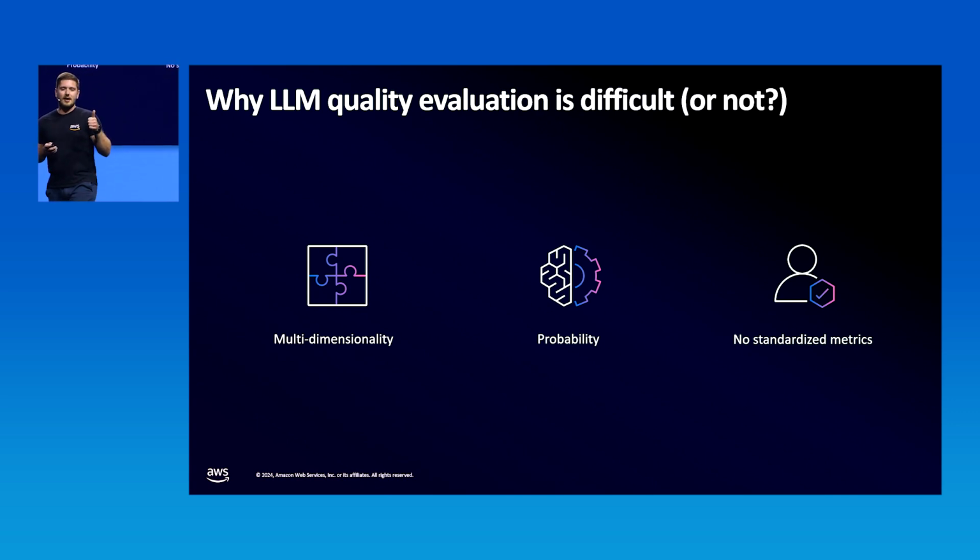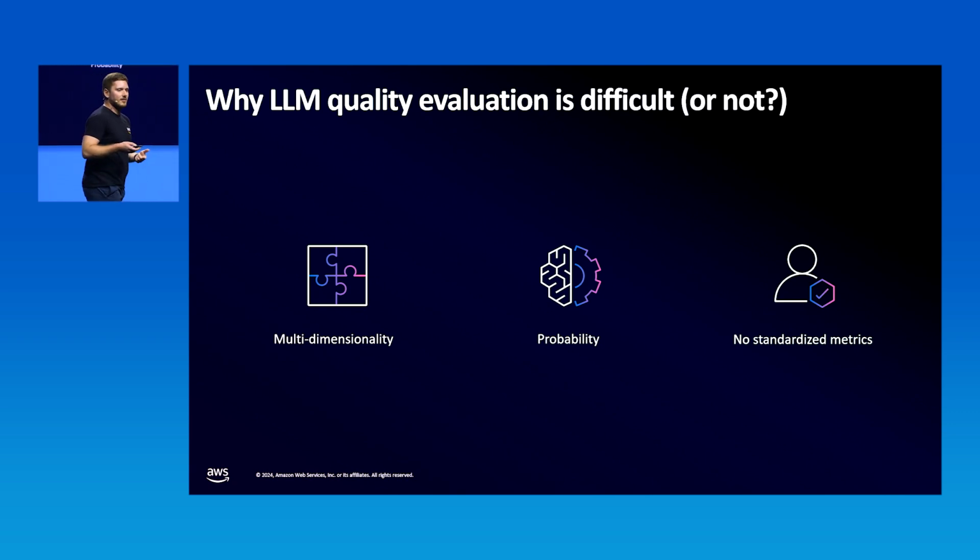The first reason is basically the multidimensionality of the quality of an LLM. What I mean with this is basically you have multiple dimensions that play into the quality of an LLM. For example, you could measure how relevant the answers that an LLM gives are, so the answer relevancy. But you can also measure how factually correct the model is.